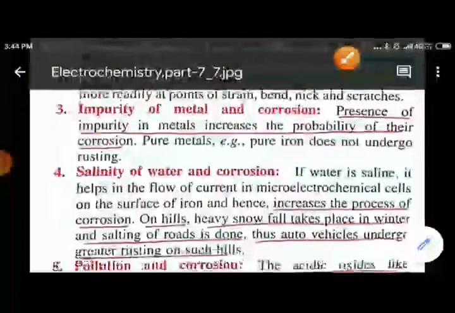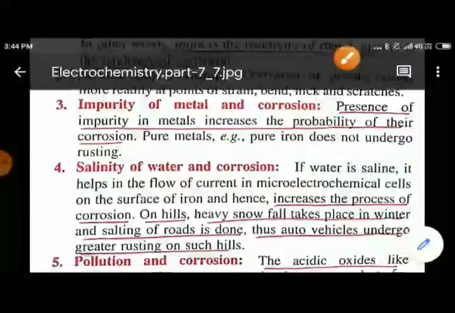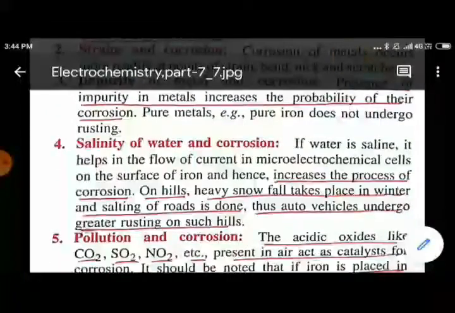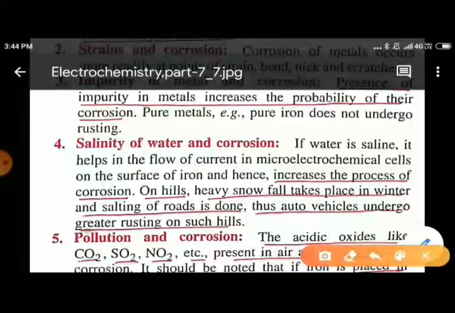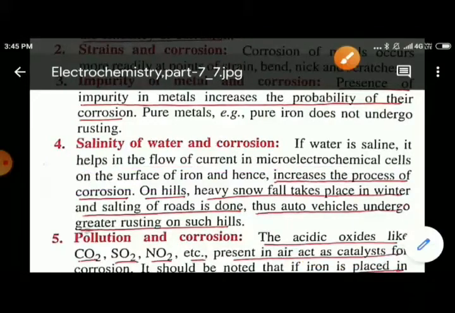Next point is salinity of water and corrosion. If water is saline, it helps in the flow of current in the micro electrochemical cell on the surface of iron and hence increases the process of corrosion. On hills, heavy snowfall takes place in winter and salting of roads is done.